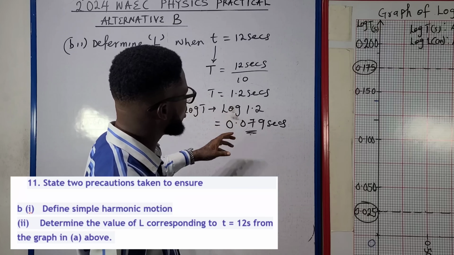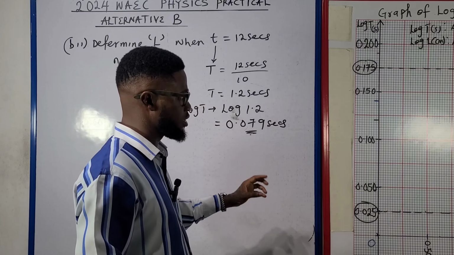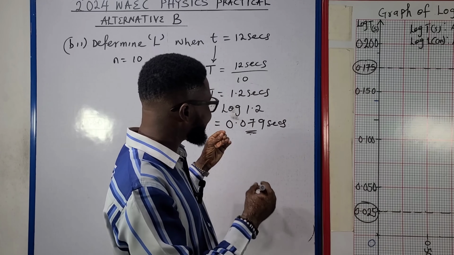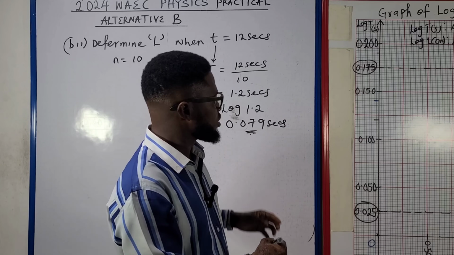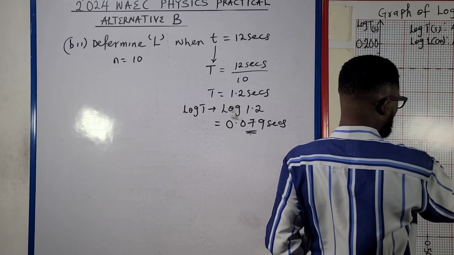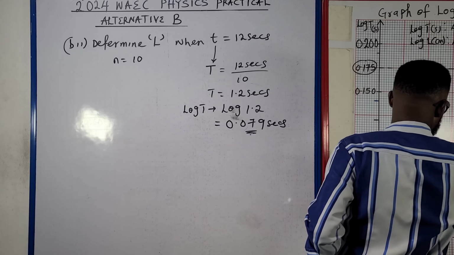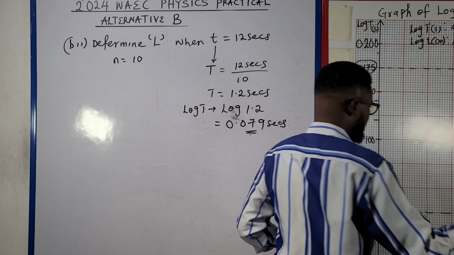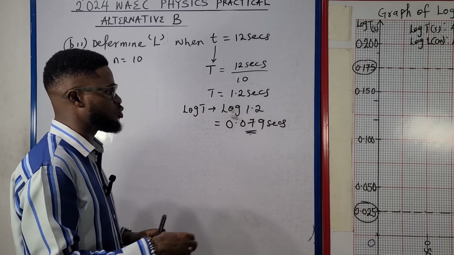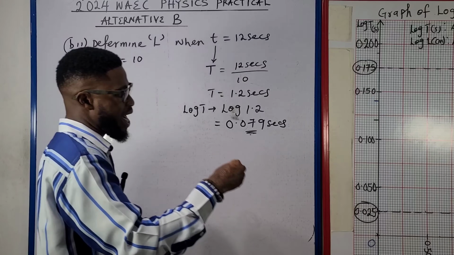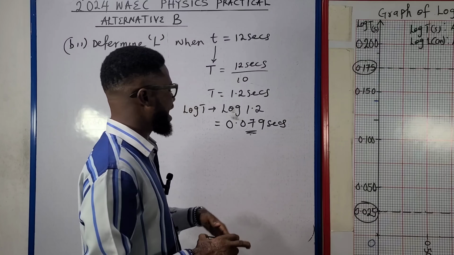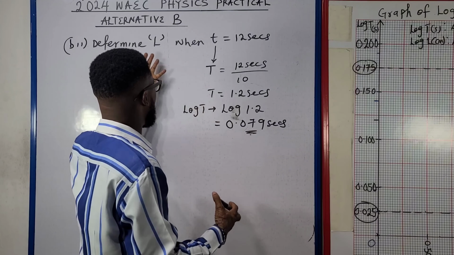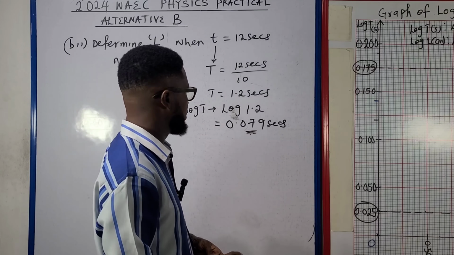We trace it to the line of the graph, and we will see where it touches on the horizontal axis. That would give us log L, and from log L we can then reverse that back to L using our anti-logarithm.